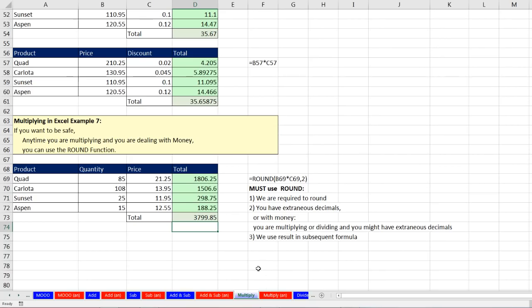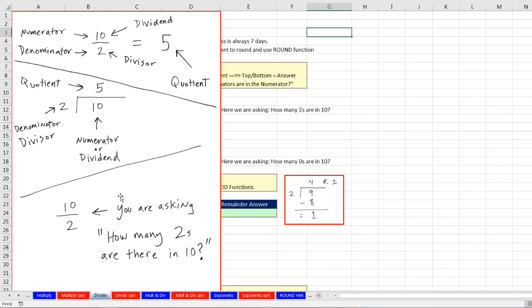All right, so those are some examples for multiplying. Let's use our scroll arrow for our sheets, and I want to click on the divide sheet. For division, we have to start off by talking about terminology. We can say 10 divided by 2. Earlier in our academic careers, we might have seen it this way.